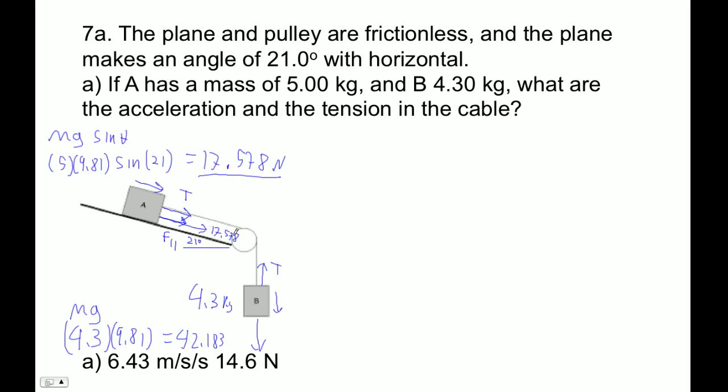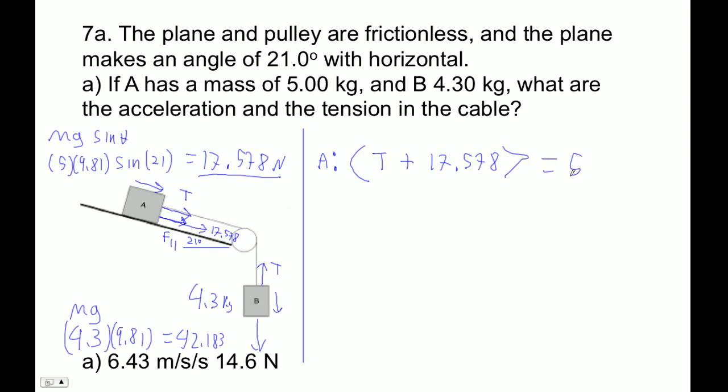Okay, so golly, how do we do this? I think we do this for A. Okay, so for A, all the forces add up to tension plus 17.578. Right, notice that both of these guys are causing it to accelerate down the plane, right?